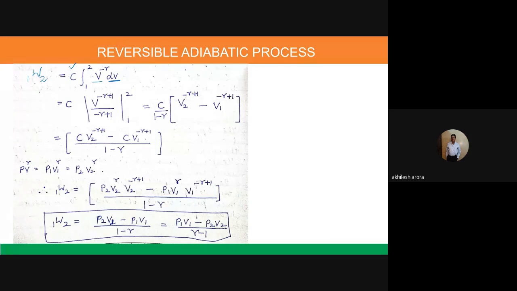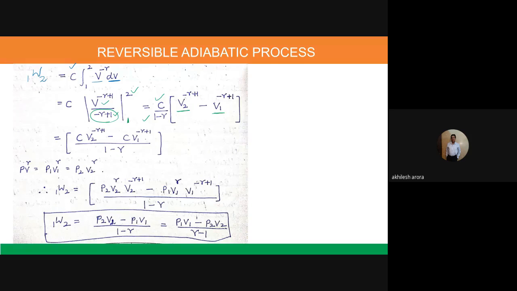So we can integrate it, and the integration is given by V raised to power minus gamma plus 1, because we have to add the power and divide by the same power. Then we put the limits from 1 to 2. This value is 1 minus gamma, which has been taken out of the brackets here. C is already there, so inside we are left with V2 raised to power minus gamma plus 1 minus V1 raised to power minus gamma plus 1.